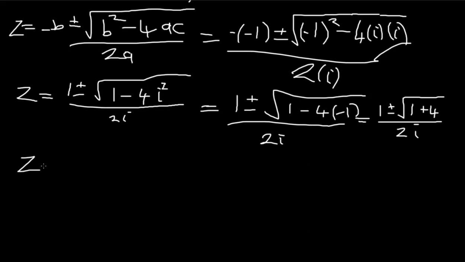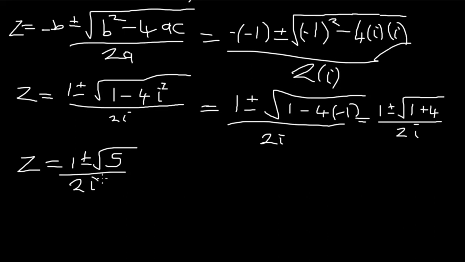So our z will now be equal to 1 plus or minus the root of 5 over 2i.